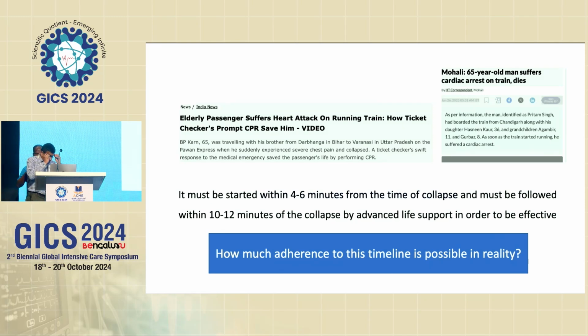If you want adherence as a dictum, maybe you will find that the 4 to 6 minutes initiation is still not a reality in this country.